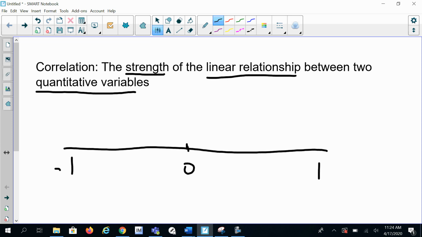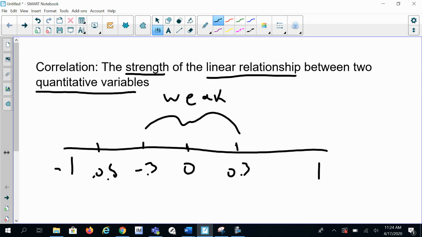So usually, let's go from, I don't know, -0.3 to 0.3. Anything in this range we'll say is weak. So any correlation that you have between -0.3 and 0.3, so 0.15, we'd say it's a very weak relationship. Once again, this isn't the end all be all.